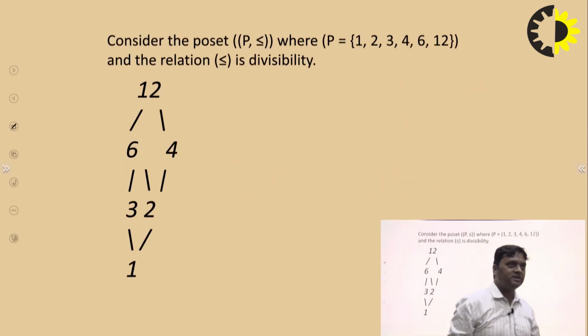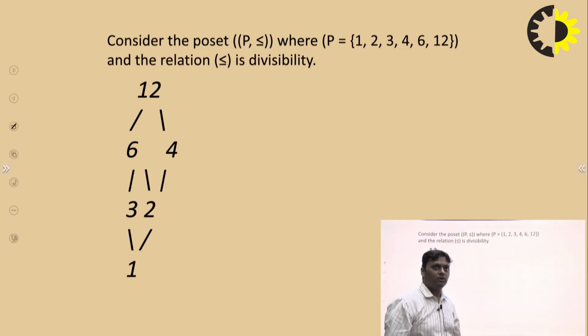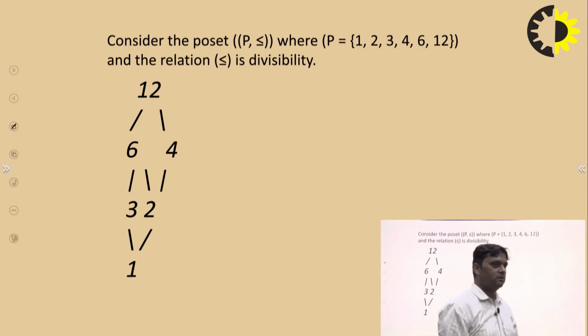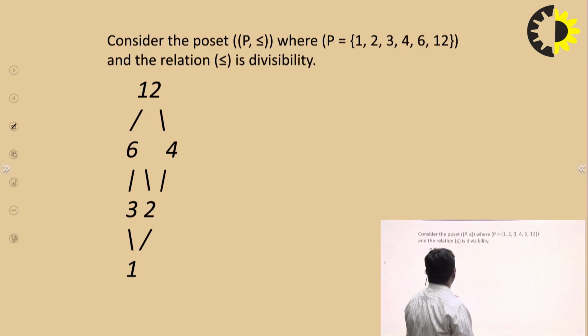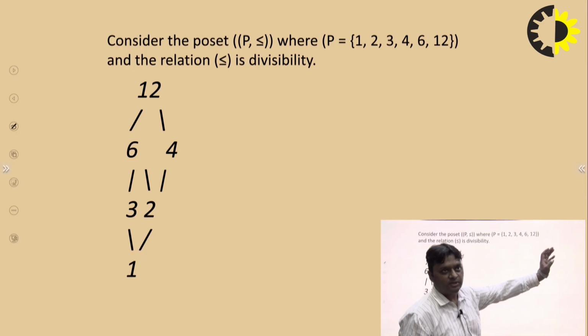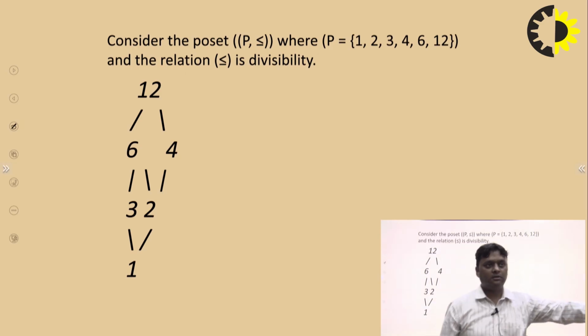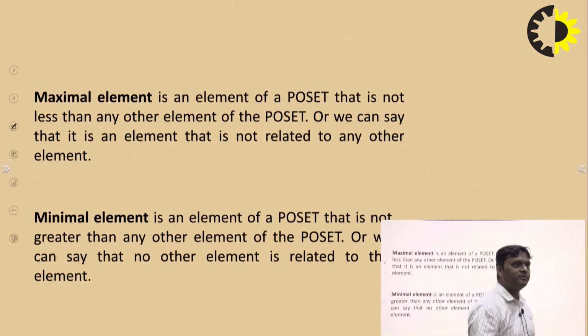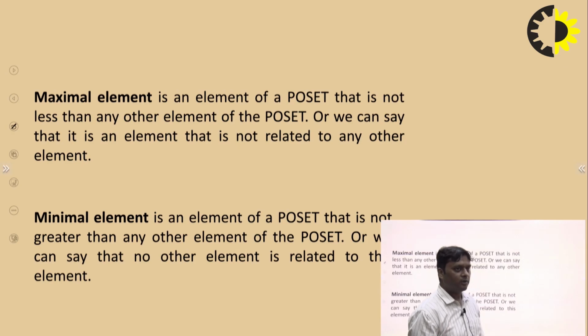Next example, consider the poset P equal to 1, 2, 3, 4, 6, 12. This is the same example in different language. What is the maximal element and what is the minimal element?